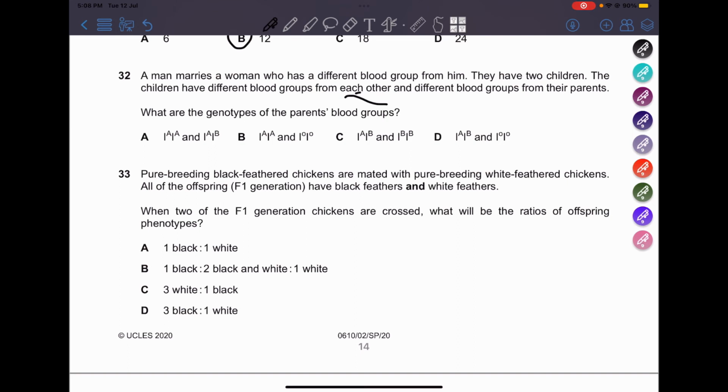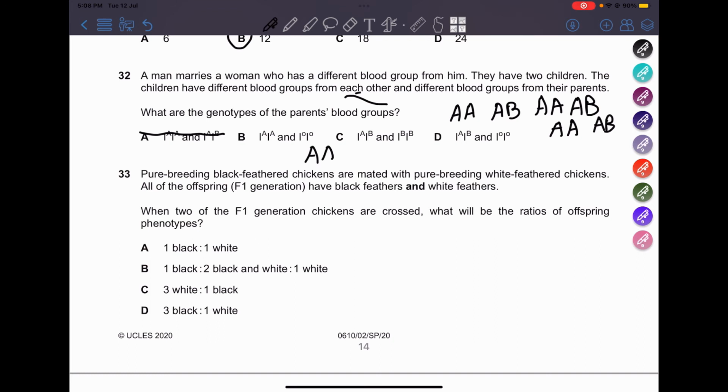So let's see, A, and AB. Now this is actually going to be AA, and then it's going to give us also AB and AA and then AB again. So they don't have different genotypes from each other actually over here, so A isn't going to be our answer. Let's try out AA and OO.